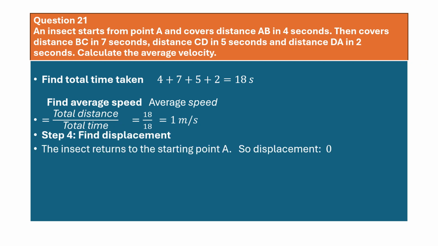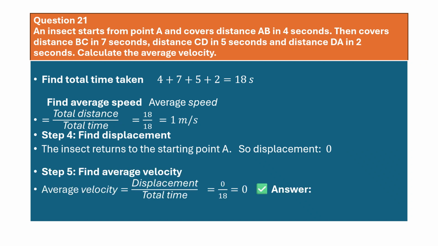To find the displacement, children, if you see in the question, the insect returns to the starting point A. It starts from point A and it returns to starting point A. So displacement will be 0. Now for the average velocity, that is displacement upon time taken.